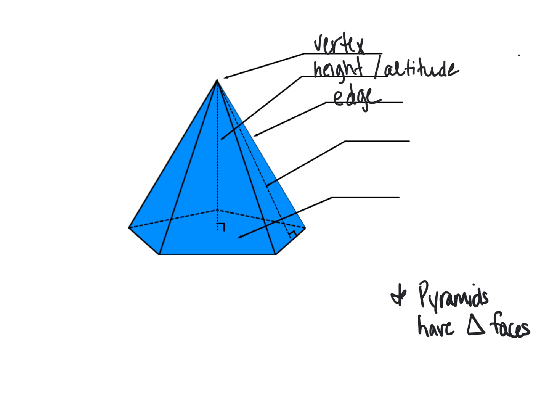The next one down refers again to this dotted line here. That is a slant height, again, like sledding down the side. It's called the slant height. Oops, sorry about that. Slant height. Again, we call that an L. And then finally we have a base, and it can be any polygon.